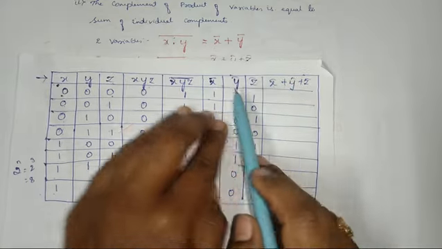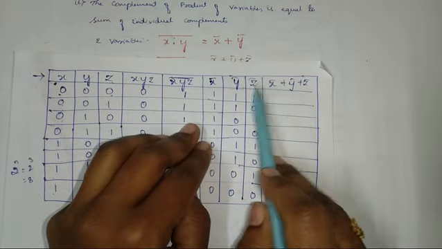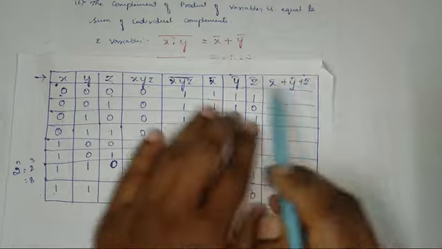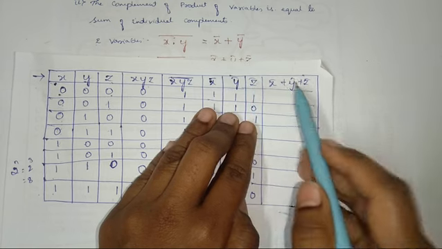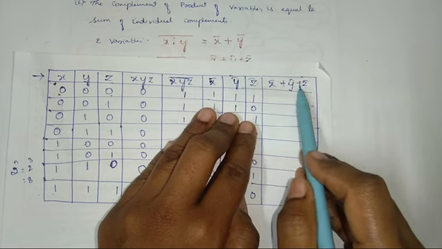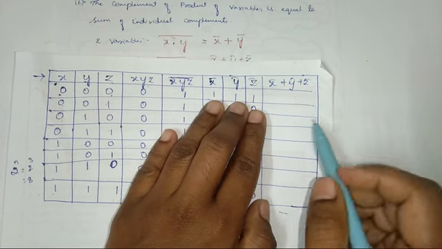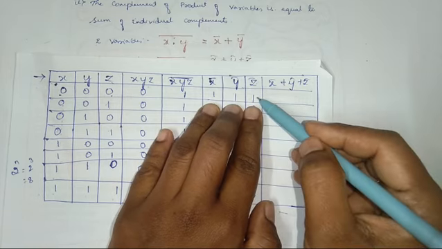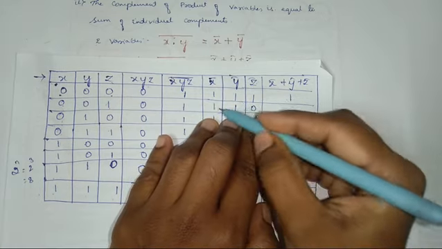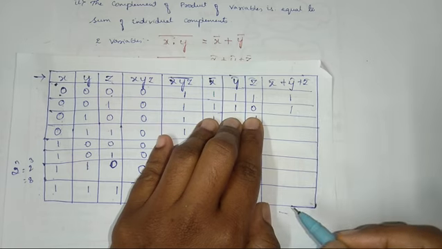For doing this, these are the inputs to prepare this, right? So x bar, y bar, z bar. We have taken these 3 columns. We have to perform the OR operation. OR operation means if any one input is 1, we will write the output as 1. See here, at least one input is 1, so write 1. At least one input is 1, so output is 1.